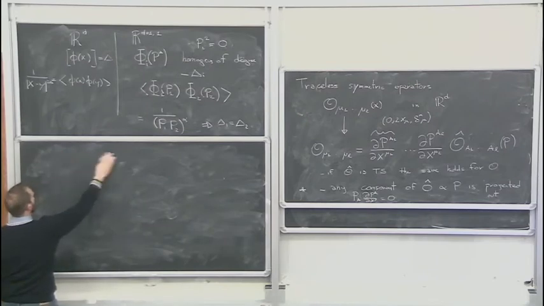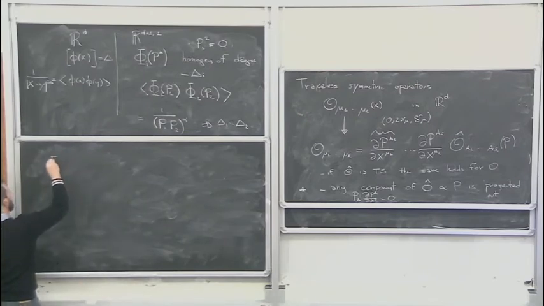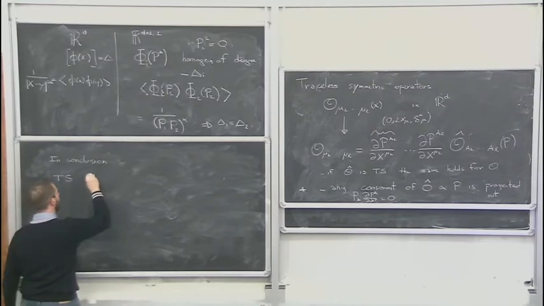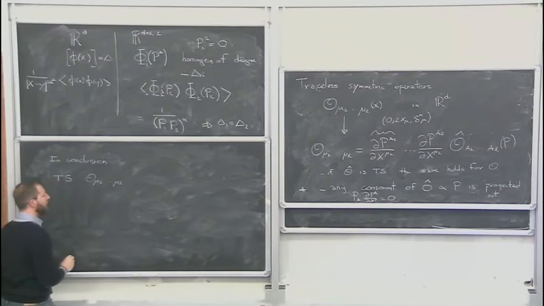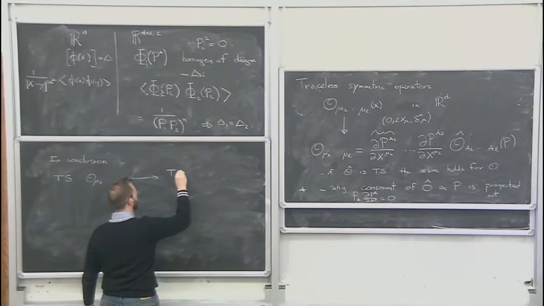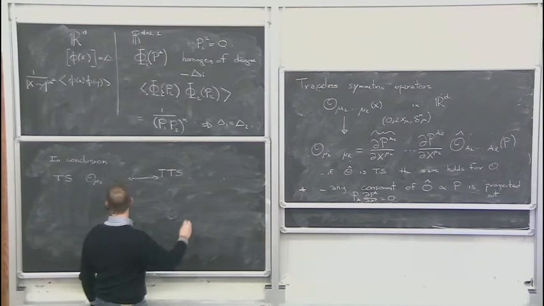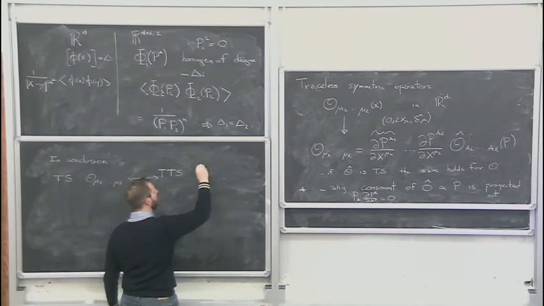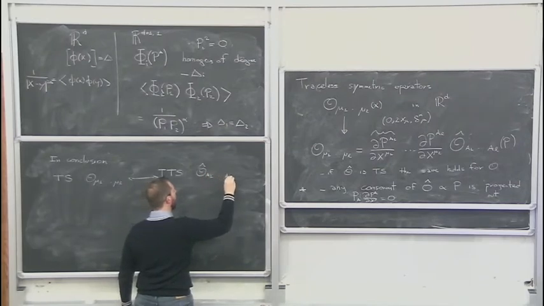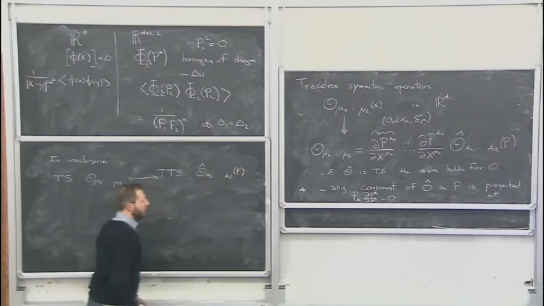So in conclusion, traceless symmetric operators in R^D get identified with traceless symmetric and transverse operators in the embedding space, O hat A1 through AL of P.